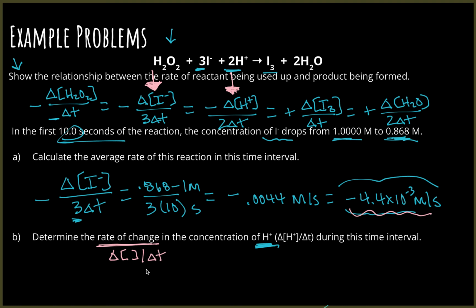So I have to get rid of this 2 that's in front of the change in time. I'll set this up so we can see what this looks like. We know that the change in I minus over 3 delta T is equal to the change in concentration of H plus. And I'm going to ignore the negative signs for right now.